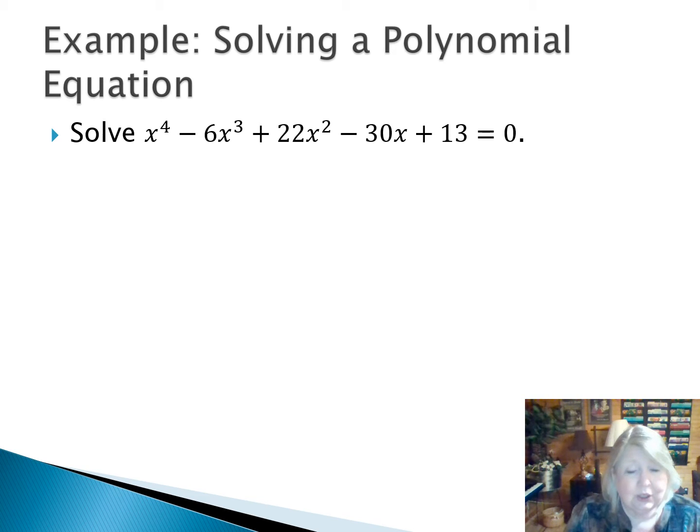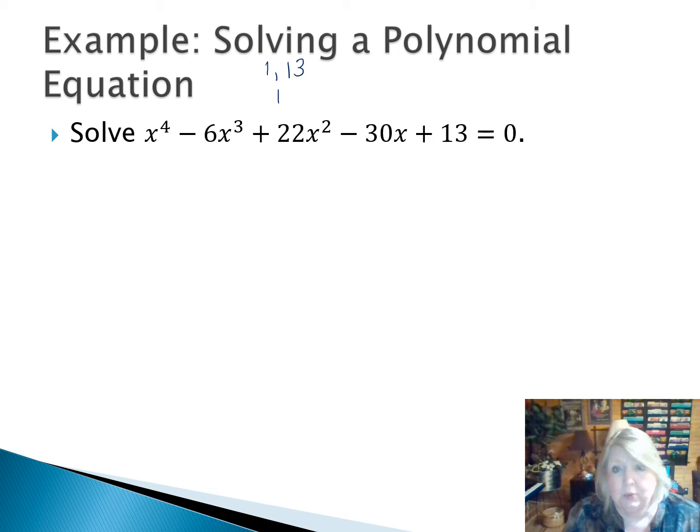So let's take a look at how some of that just might help me through something with a 4th degree polynomial. First of all, I'm going to use my rational root theorem. 1 and 13 are the factors of my constant term. 1 is the only factor of my lead coefficient.